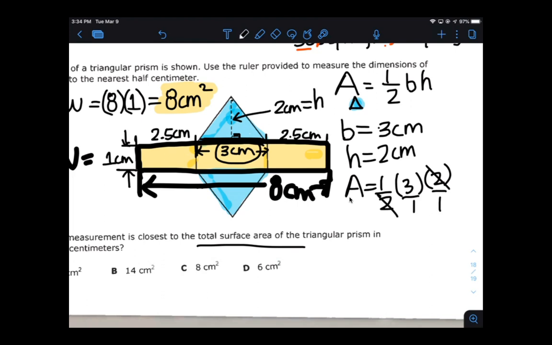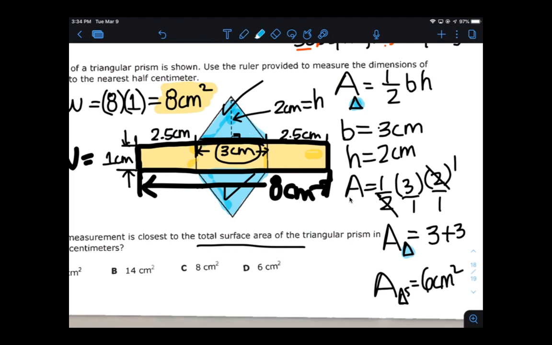So the area of one triangle is 1 times 3 times 1, which is just 3. But this is the area of one little triangle. We have 2 triangles, correct? So 3 plus 3, because there are 2 triangles. So the area of the triangles is 6 square centimeters.